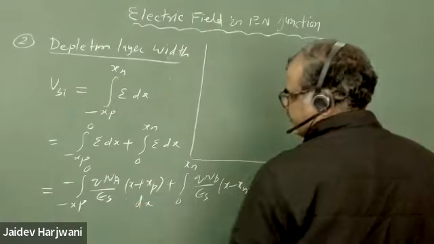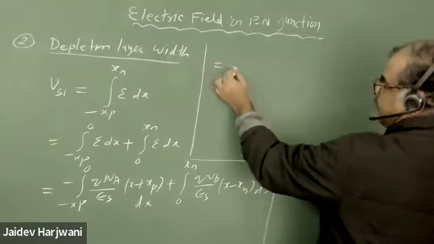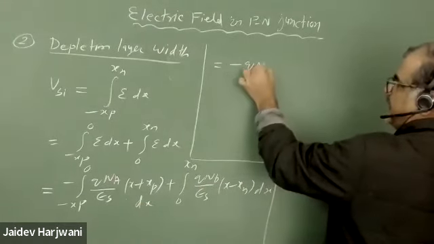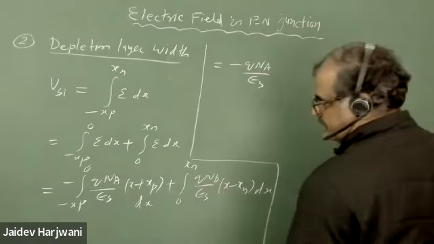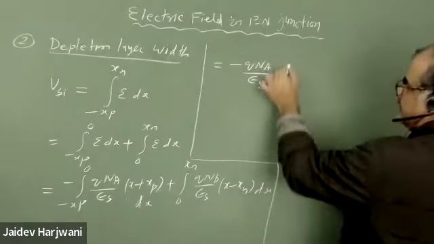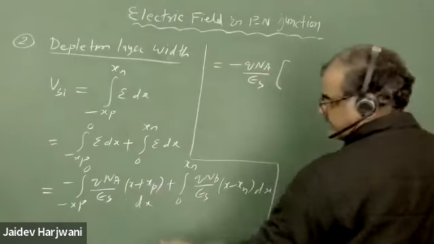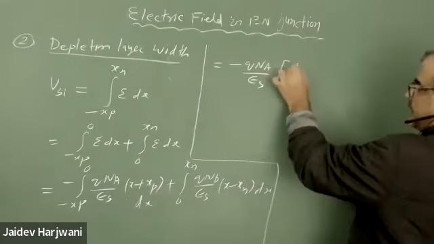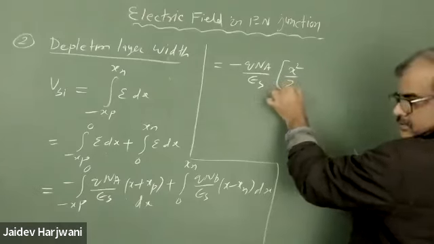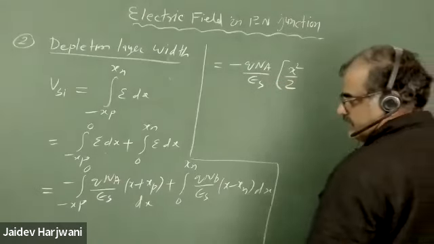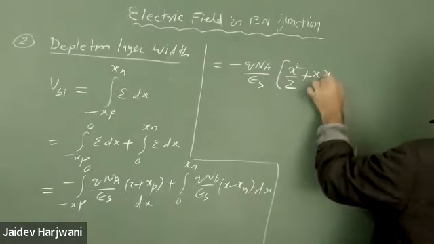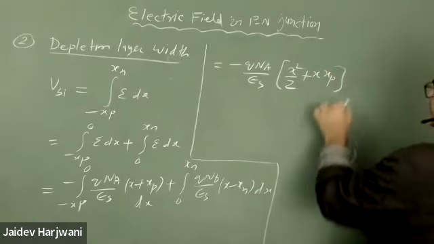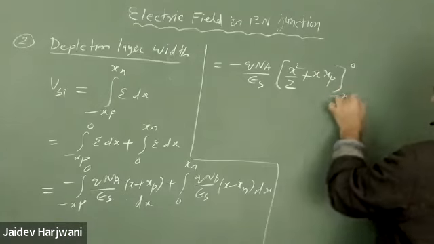With this expression I get minus q Na over Es, with the bracket: x becomes x square by 2, and xp becomes x xp, with the limits 0 to minus xp.